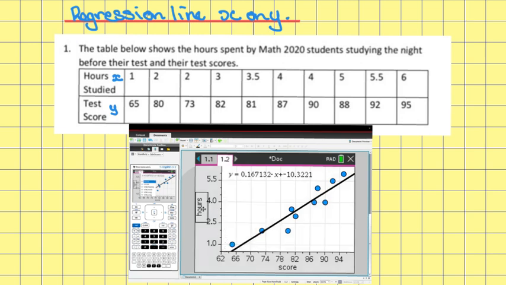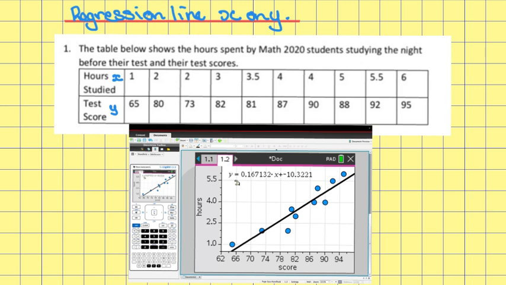So it switches it round automatically, and that gives me a regression line of y equals 0.167132x minus 10.3221. So those are two totally different regression lines.